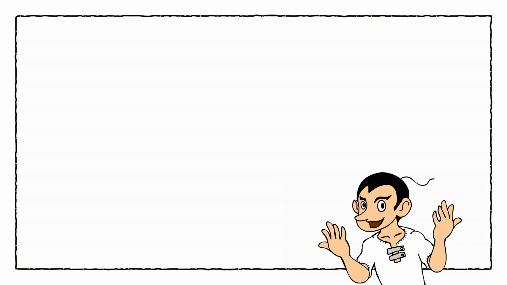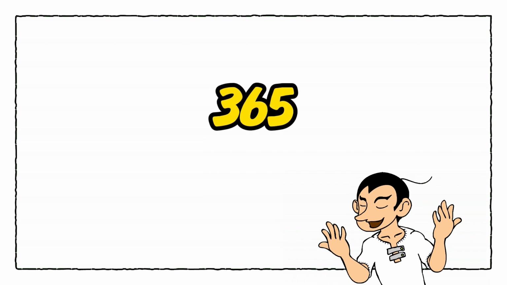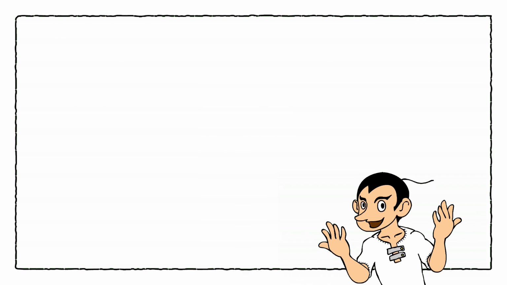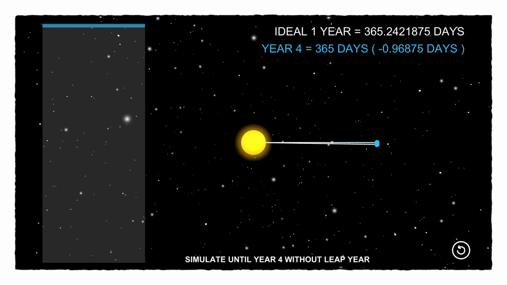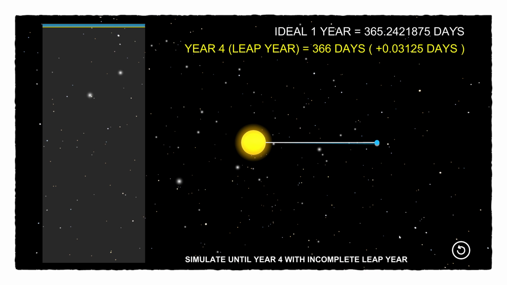To overcome this problem, we then add 1 day every 4 years, so that the year becomes 366 days, and that 1 extra day is in the month of February. Therefore, in year 4, without leap year, we lost almost 1 day. With leap year in year 4, we almost got a perfect revolution, only exceeding around 0.03 days.